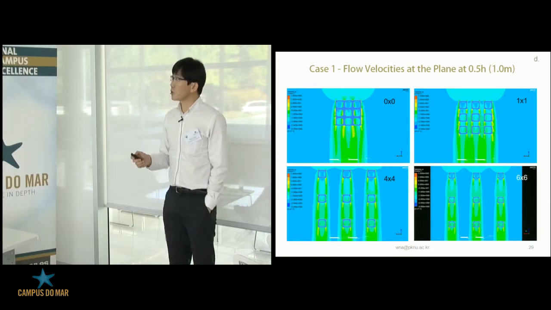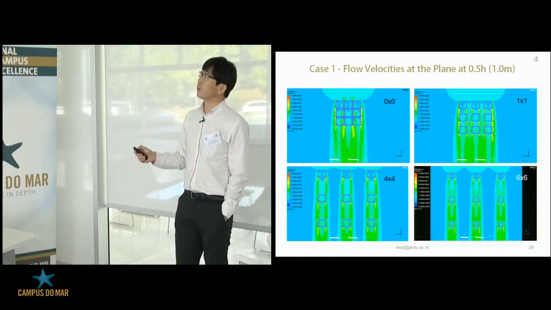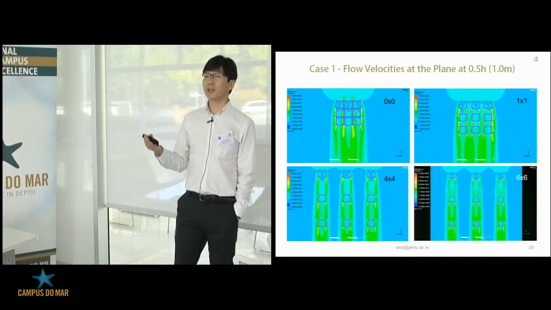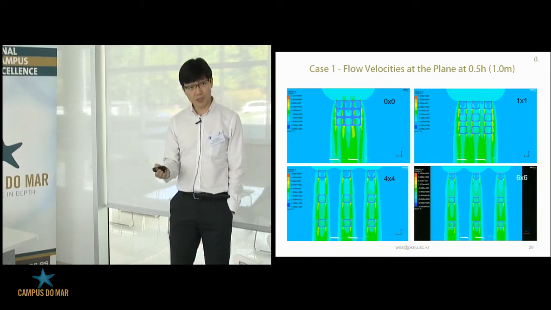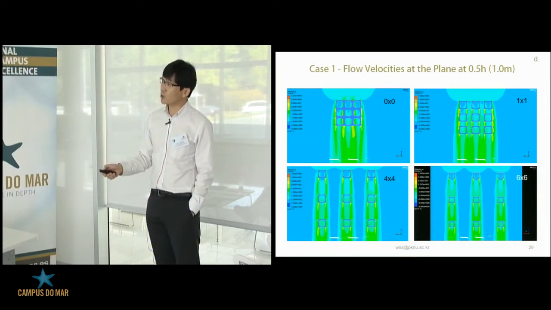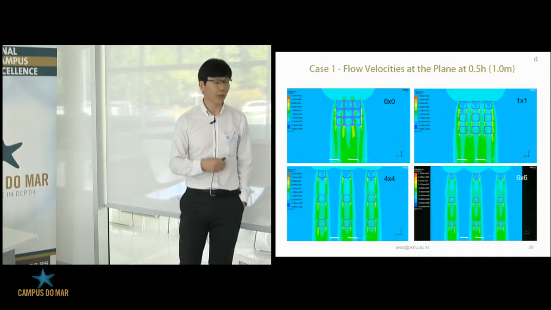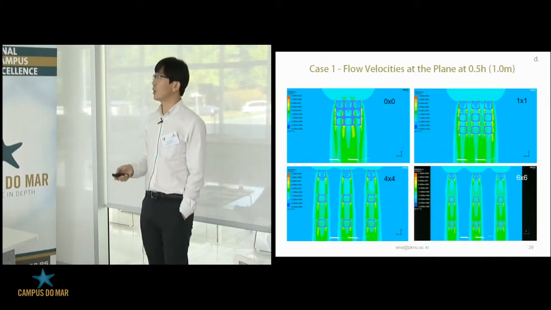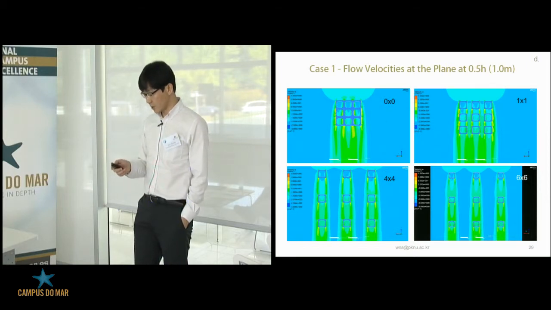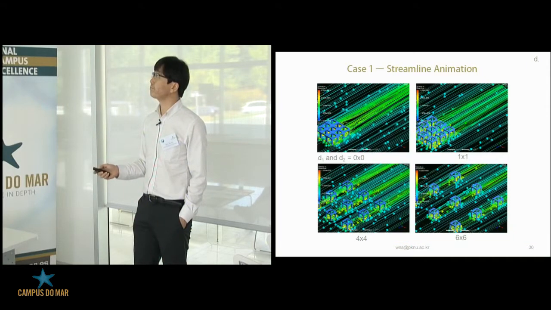And this slide shows the flow velocity at the plane at 0.5 h, which is 0.1 meter above the sea bottom, as you see. These four cases, the yellow shows the wake volume, the wake region. So in this way we can imagine what the wake regions are like.